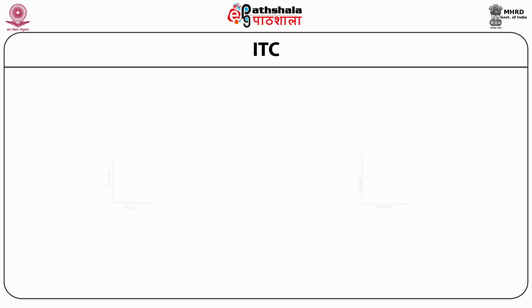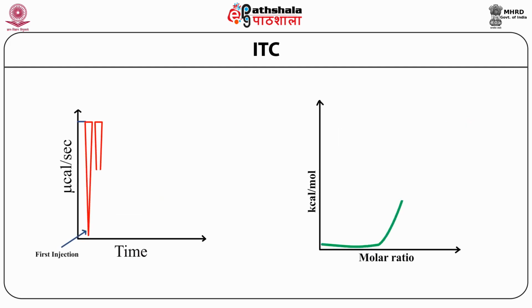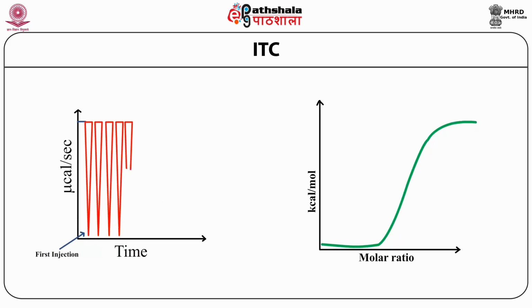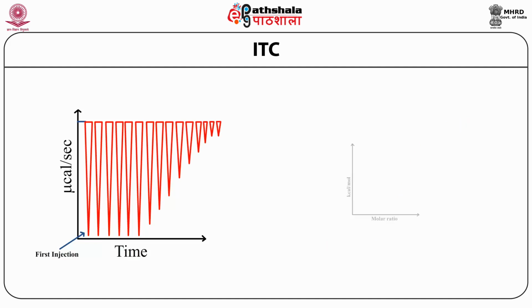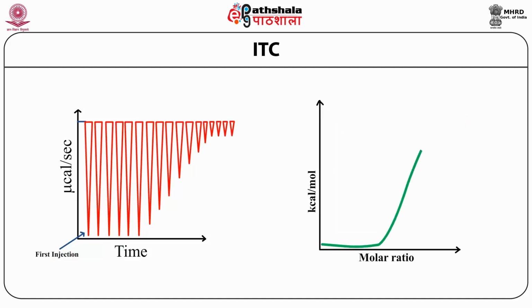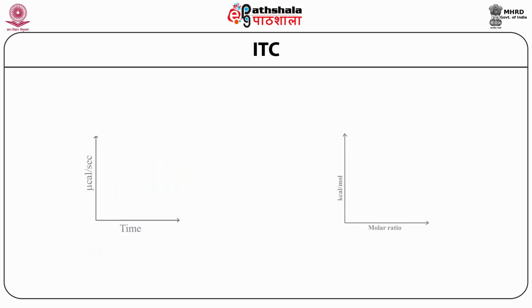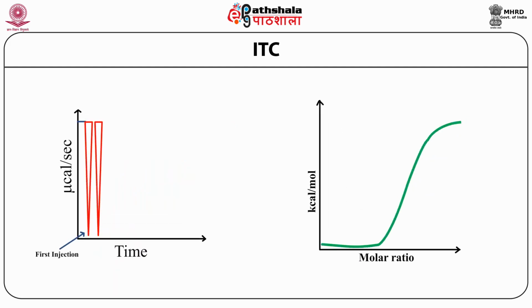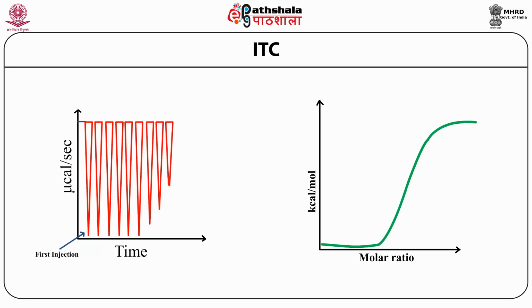So basically in an isothermal calorimeter we add ligand to the protein solution after a particular interval. You can see in the picture the first injection. During the first injection, the heat absorbed or released will be plotted. Then again there is an injection, and you see how much heat is absorbed or released during that particular injection.